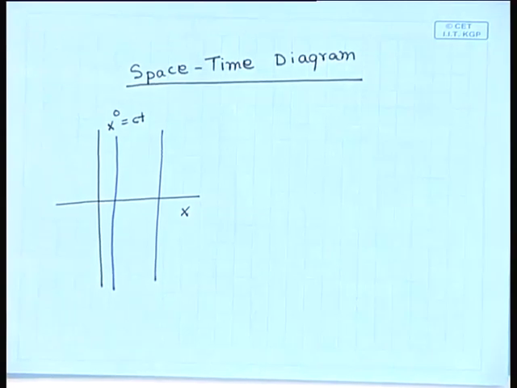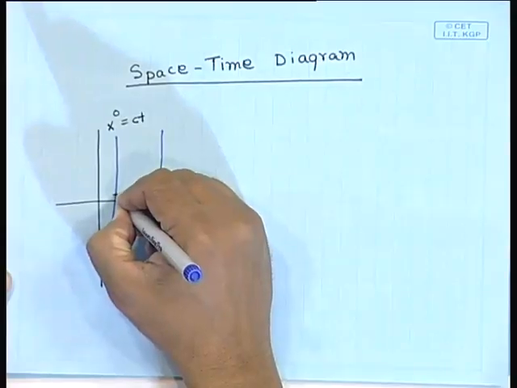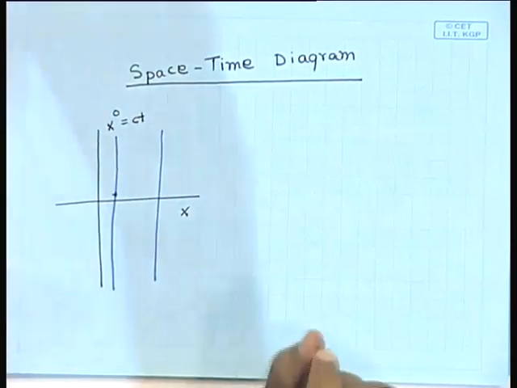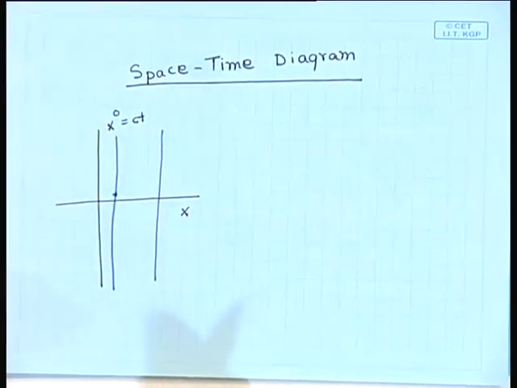Now, next, let us consider an event. The event that we will consider is that this observer sitting over here sends out a light pulse, a photon. Now, we know this travels at a well-defined speed, and the speed is c.